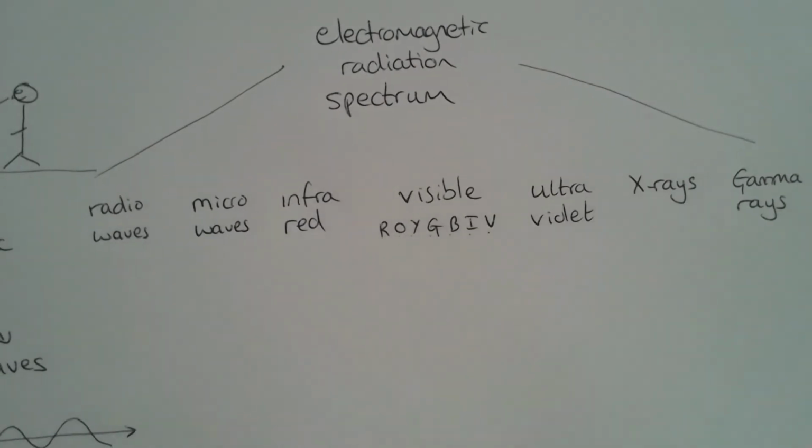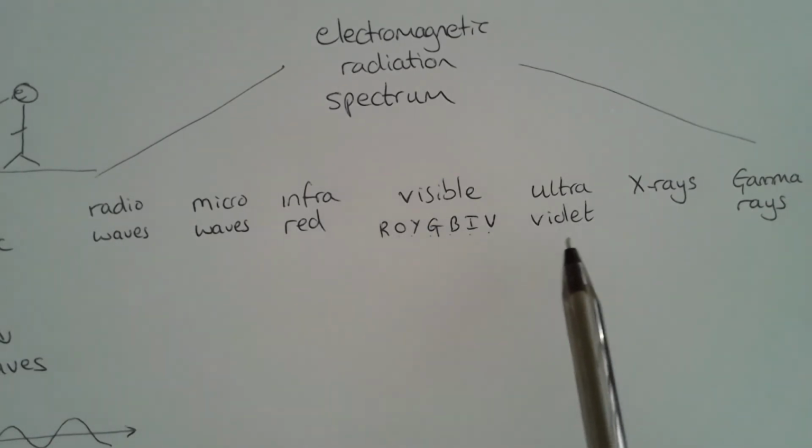All of these have uses, and we're going to see that in future lessons. Radio waves we use for communication and radar. Microwaves we use for cooking, but also that's how mobile phone signals pass. Infrared heats us up. It's also used in some television remote controls. Visible light is used in optical fibre communication.